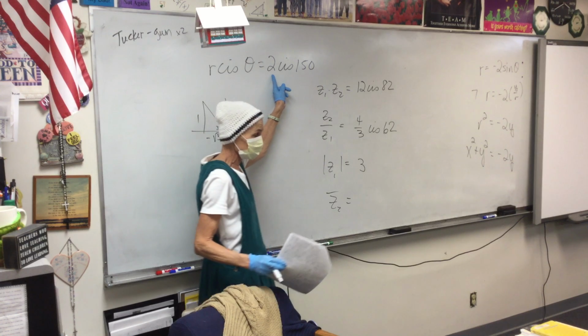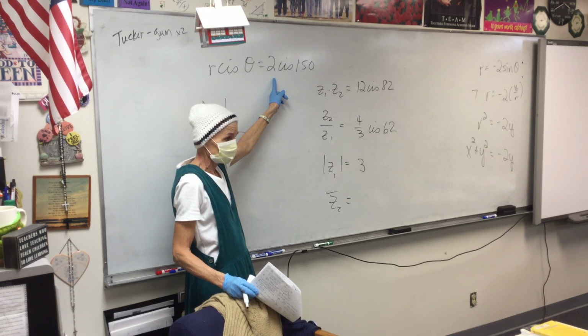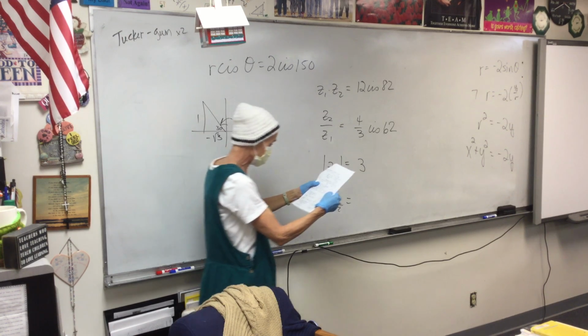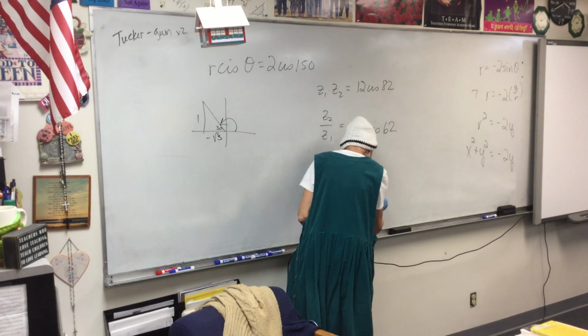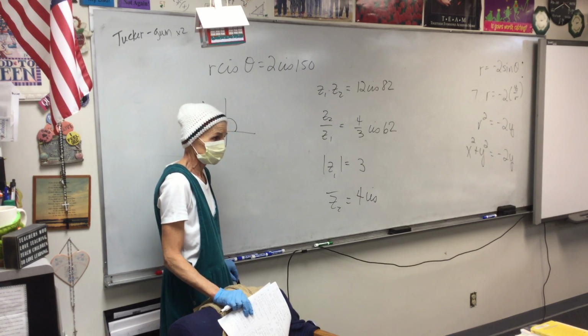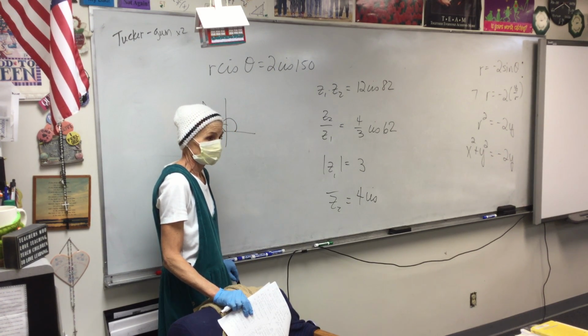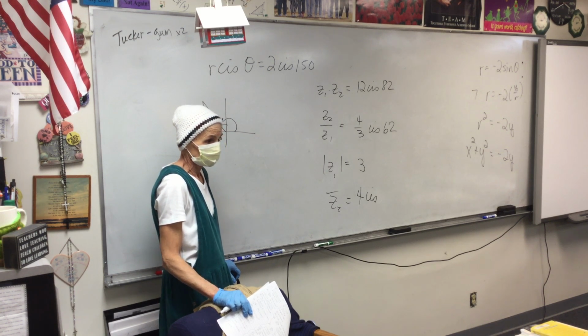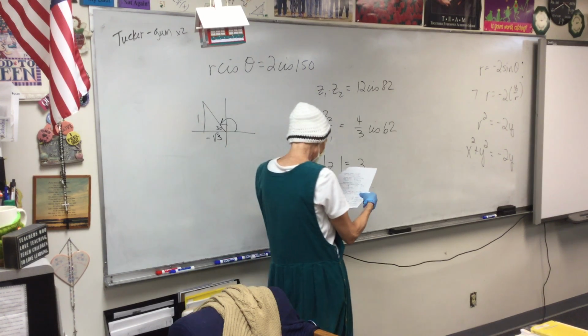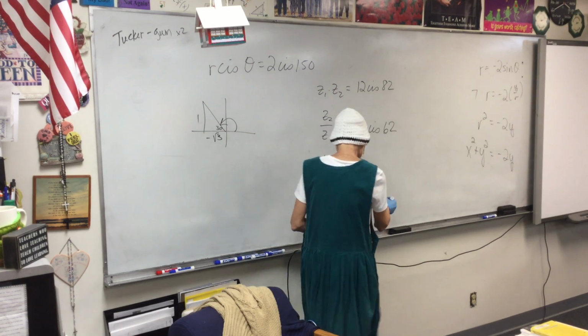What about R? Same. So this is Z sub 2, as we said before. And what about the angle? Make it negative. So that would be negative 72.